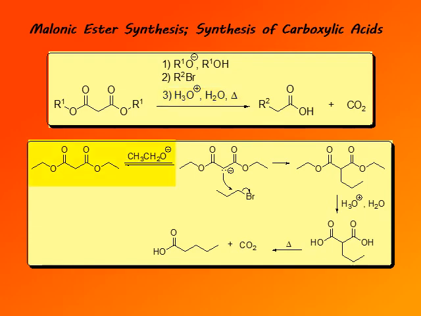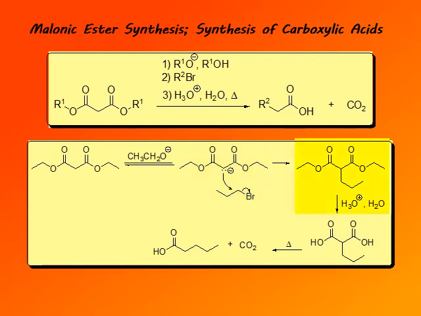Here is the reaction mechanism of a particular specific reaction, diethyl malonate. So with ethoxide as a base, like sodium ethoxide, it's deprotonated at the methylene position, so enolate anion, which then reacts in an SN2 reaction with, in this case, 1-bromopropane.